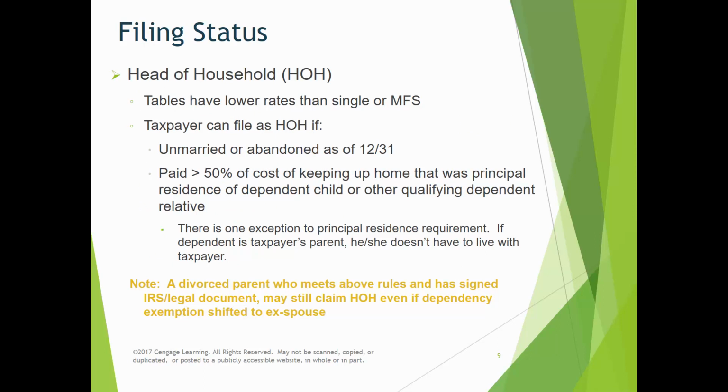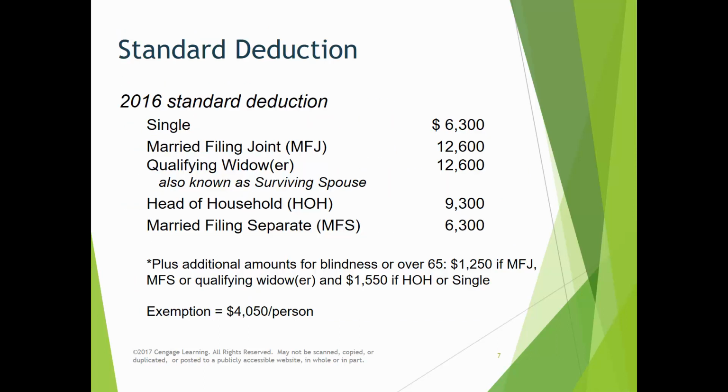Okay, head of household is a very desirable filing status, and you can see that because with head of household you get a $9,300 standard deduction versus $6,300 for single. And they also have different tax tables.